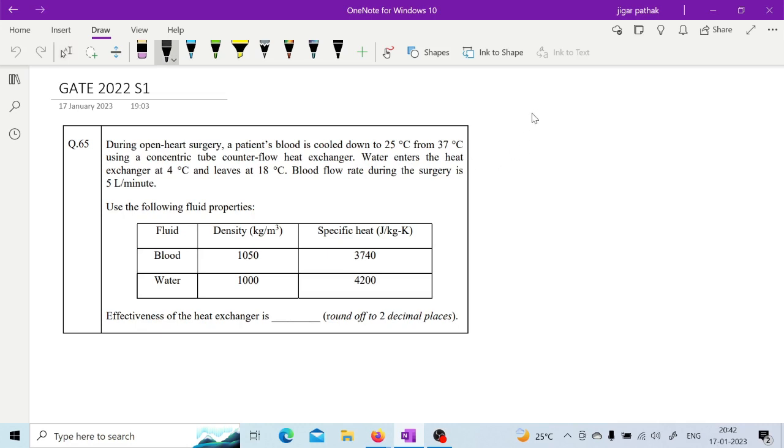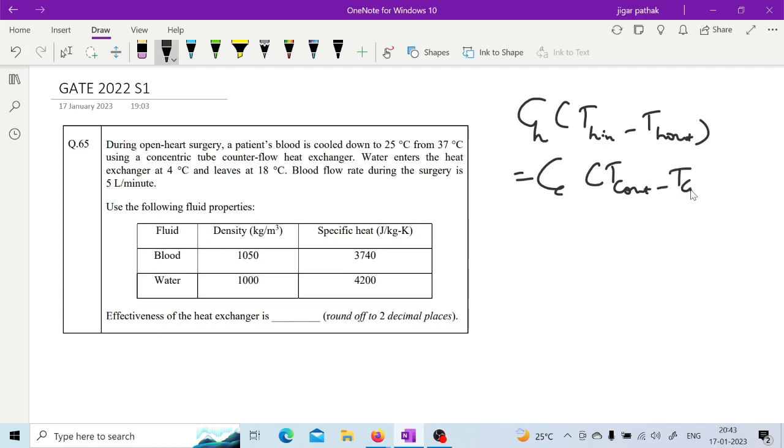So first you can apply the energy balance, right? CH into TH in minus TH out is equal to CC into TC out minus TC in. Correct. So from this basically what you will get is CH into 37 minus 25 is equal to CC into 18 minus 4.